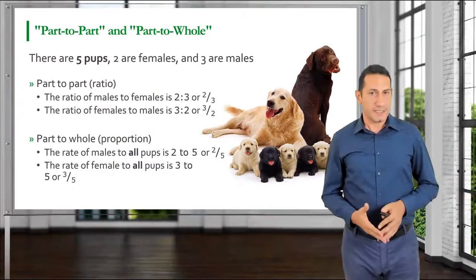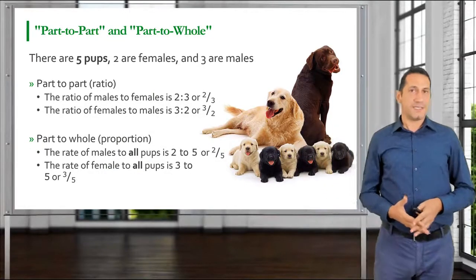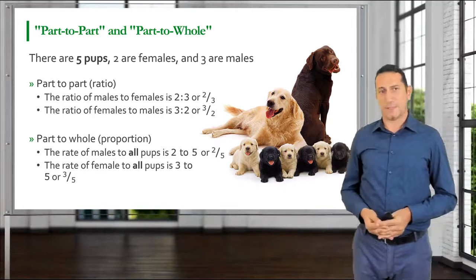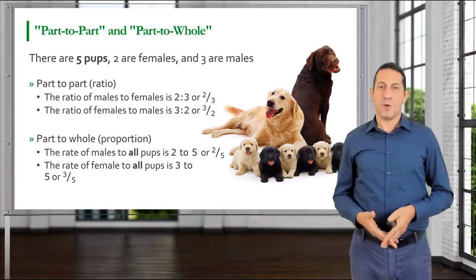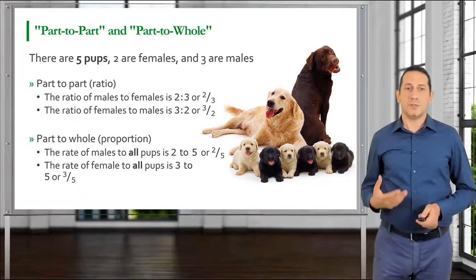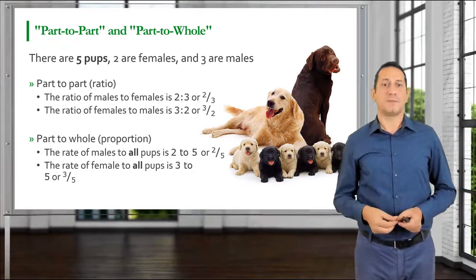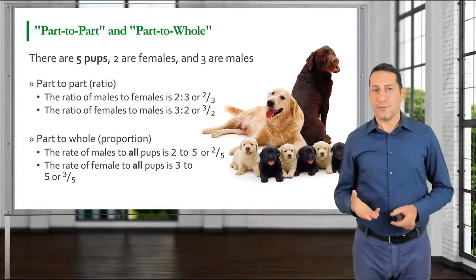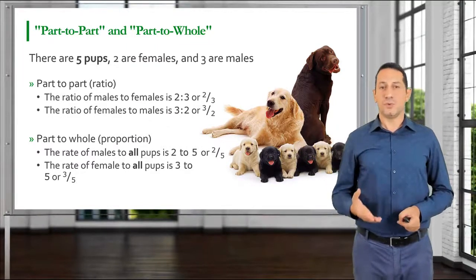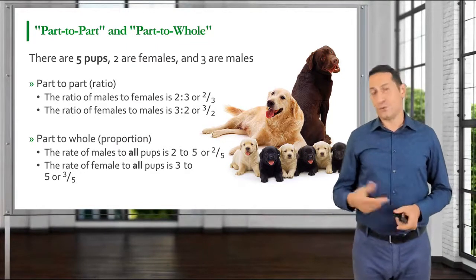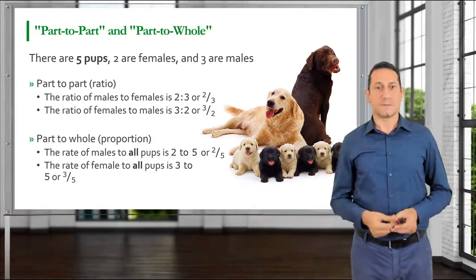So let's see a bit what are these differences, and let's take an example of 5 puppies, of which 2 are females and 3 are males. If we compare part to part, females to males from the puppies, we would say that the ratio of females to males is 2 to 3, or the vice versa, 3 to 2, if males to females.